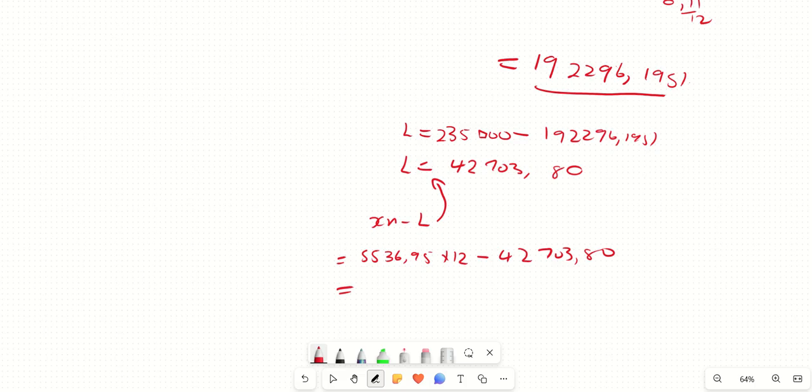How much will be the interest paid? The interest for the first year is 23,739.6. That is the interest paid over the first year.